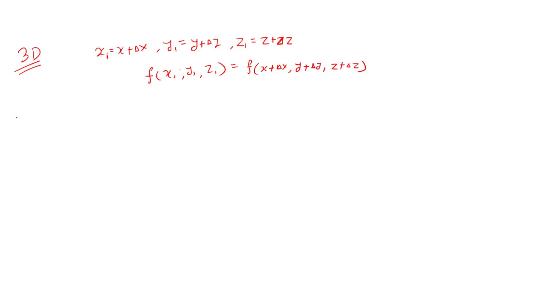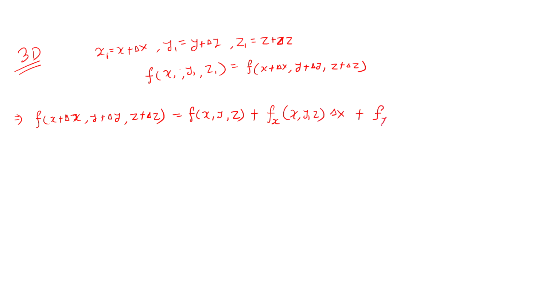So this will be f of x, y, z plus partial derivative of this function with respect to x at point x y z delta x plus partial derivative with respect to y at x y z delta y plus partial derivative with respect to z at x y z delta z.